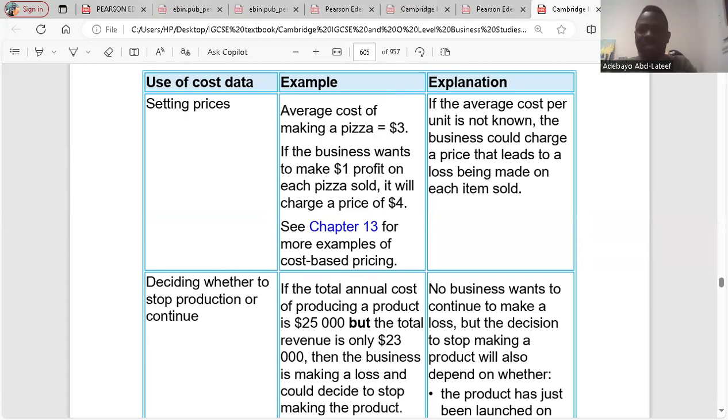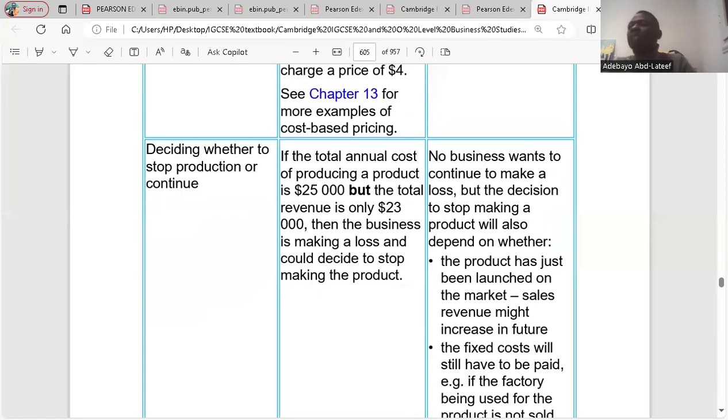Deciding whether to stop production or to continue. If the cost you are incurring is more than what you are able to sell for, especially when it is variable cost, and you are unable to cover your variable cost as a firm, then you might as well stop the product.